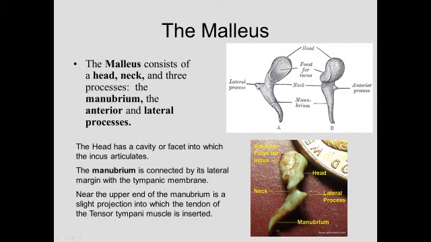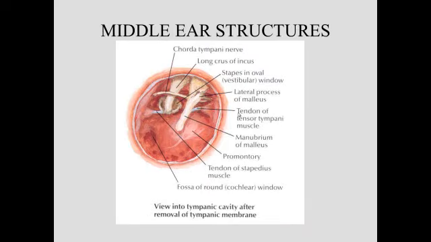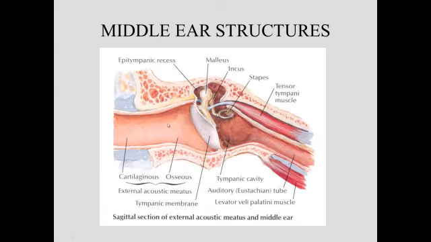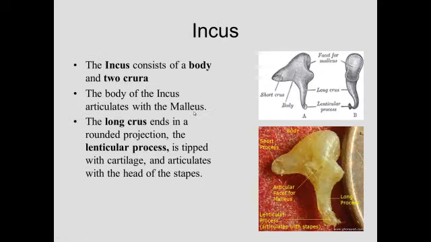The lateral process bulges out into the outer ear space, and that would be this part right here, which you can perhaps recall from another one of the images we looked at, kind of sticks out into the membrane. So the difference between that and the anterior process is that the anterior process is where the connection to the tensor tympani muscle will occur.